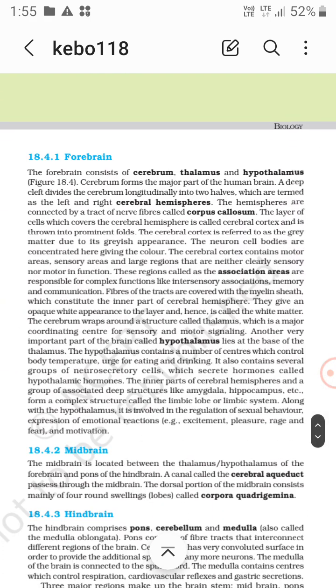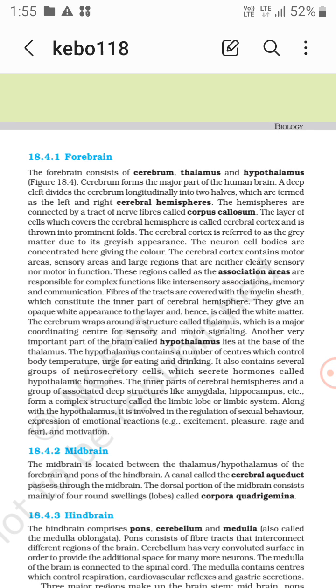Now talking about the forebrain. The forebrain consists of cerebrum, thalamus, and hypothalamus. Cerebrum forms the major part of the human brain. A deep cleft divides the cerebrum longitudinally into two halves, which are termed as the left and right cerebral hemisphere. The hemispheres are connected by a tract of nerve fibers called corpus callosum.